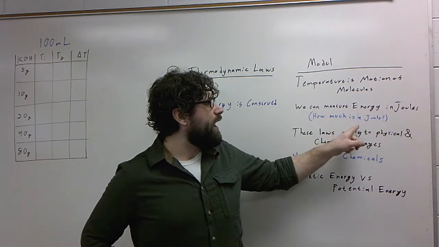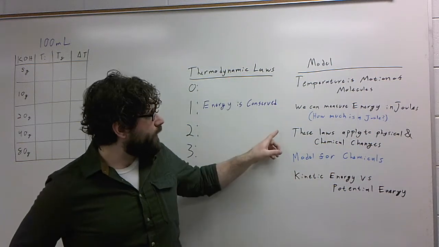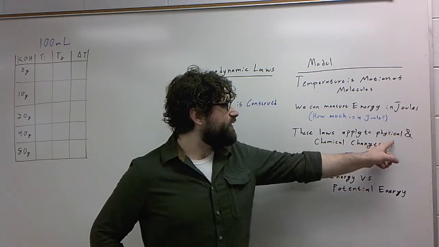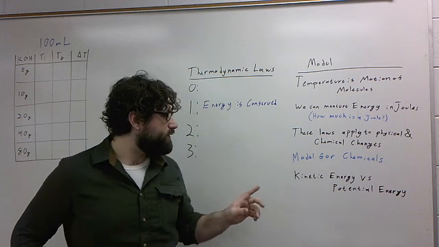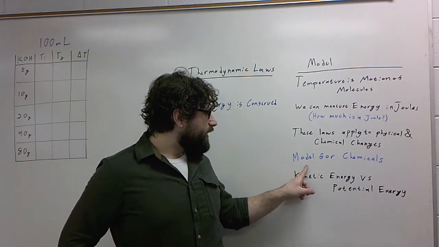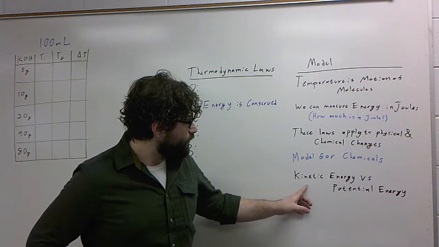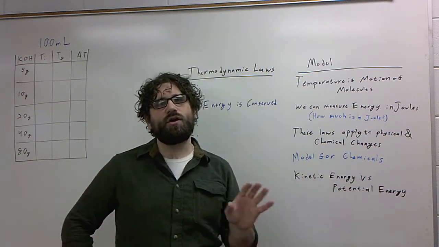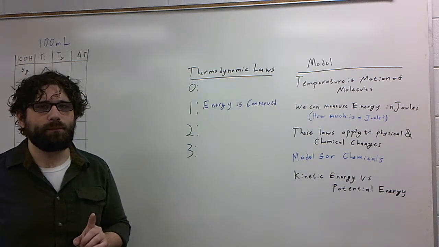However, we don't really know how much a joule is, so we can't quite use that yet. We know that these thermodynamic laws are applying to both physical and chemical changes. We established that just 2 minutes ago. We need to figure out our model for what these chemicals look like, and we need to look at kinetic energy versus potential energy. We've started to investigate that, but we need to get into it a little bit more.